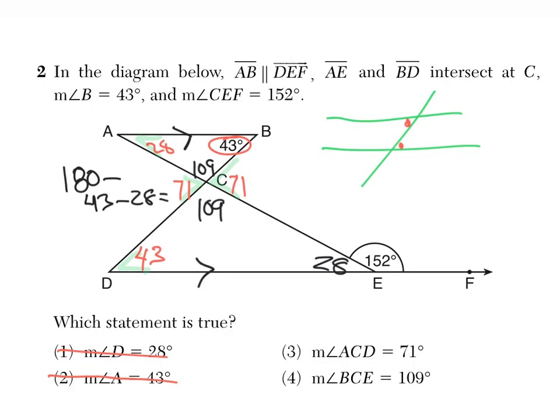I'm going to look at ACD, and it is 71 degrees. So that looks like it's probably the correct answer. We'll rule out option 4. BCE is 109? BCE is not 109 degrees. It's also 71. The correct answer for question number 2 is option 3. ACD is equal to 71 degrees.